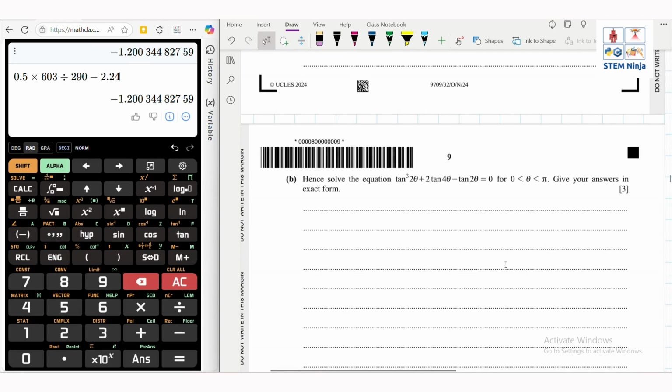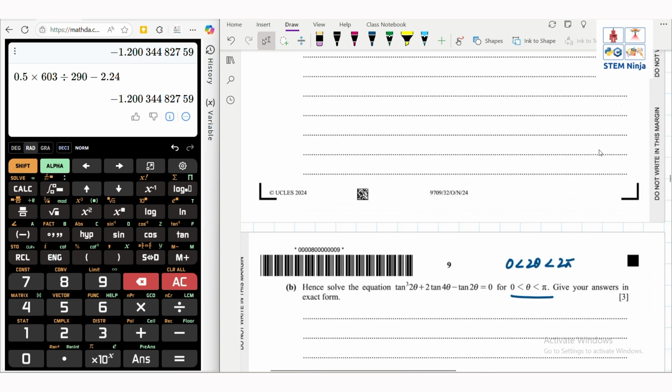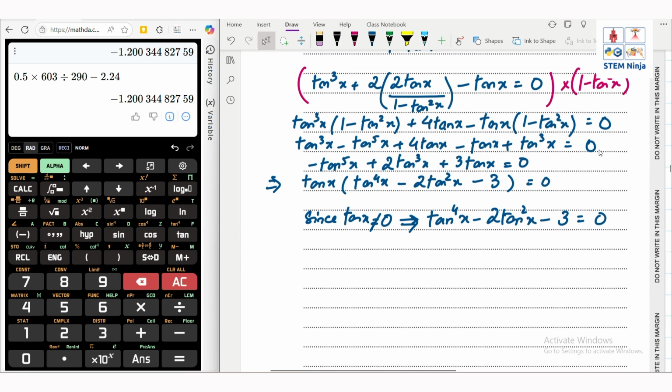Hence solve the equation tan cubed 2 theta plus 2 tan 4 theta minus tan 2 theta equals 0 for theta from 0 to pi. Alright, so if theta is between 0 and pi, then 2 theta will be from 0 to 2 pi. We will solve this like a quadratic equation.